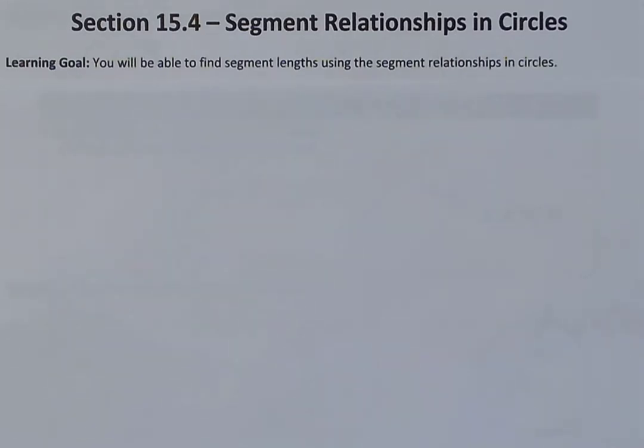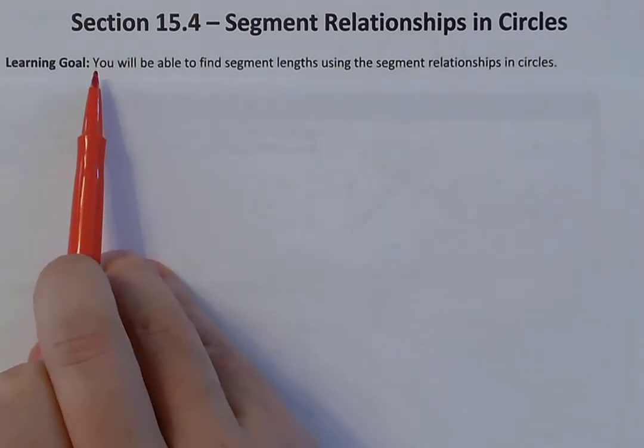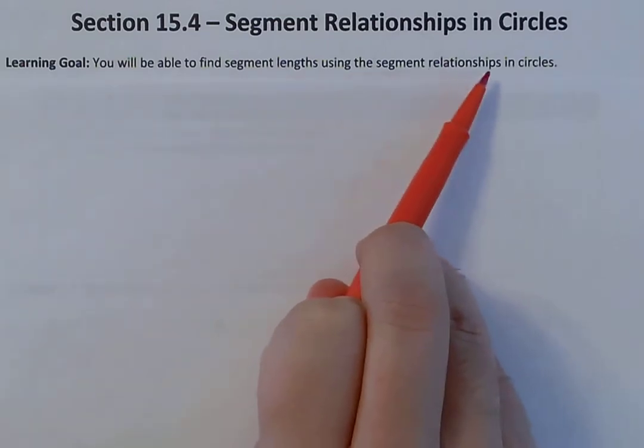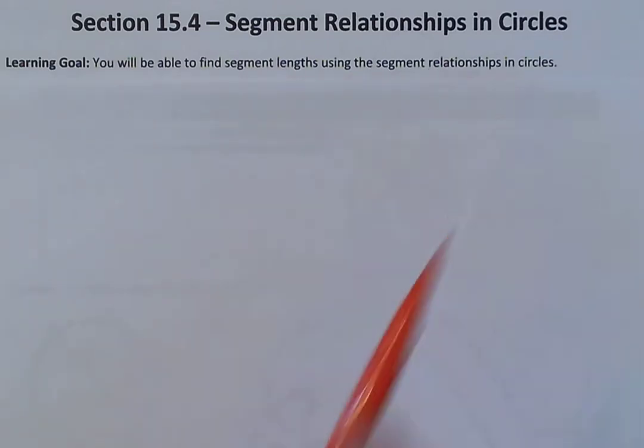For today's lesson, we're going to be taking a look at section 15.4, which is going to deal with segment relationships in circles. Now, for today's lesson, we have one learning goal: you will be able to find segment lengths using the segment relationships in circles. So we're going to talk about three different segment relationships in circles today.